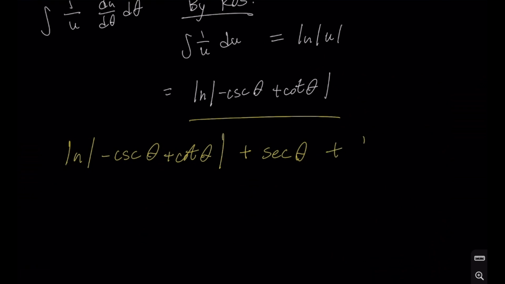And then I add a plus c at the end, because this is an antiderivative. Okay, so this is the answer of question 1. But because our answer is in terms of theta, I'll write the answer.